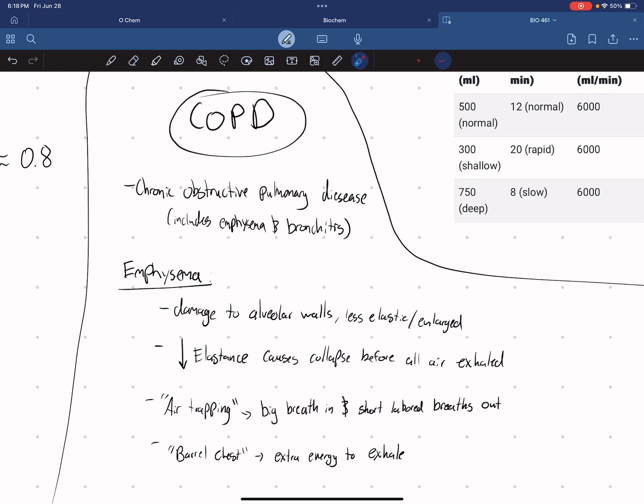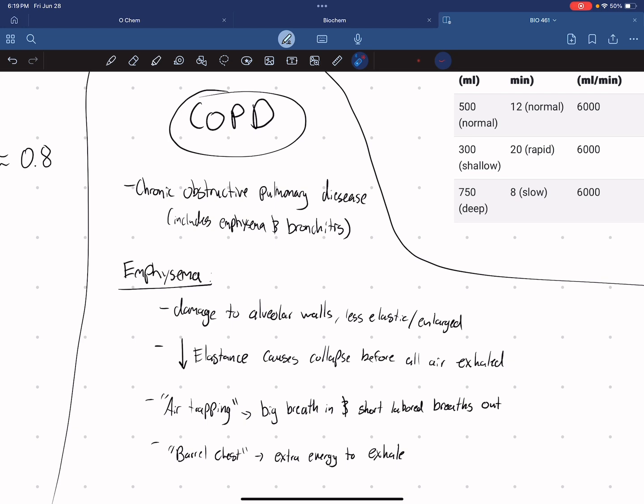People like smokers or people that have emphysema take big breaths in because they're able to breathe in fine, but it's the exhaling that causes a problem. So they have short labored breaths and they have to use other surrounding muscles or a lot of effort when exhaling.